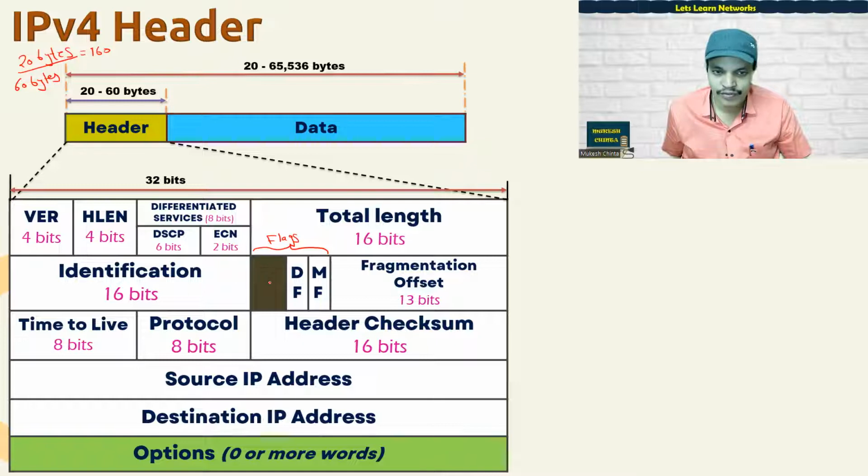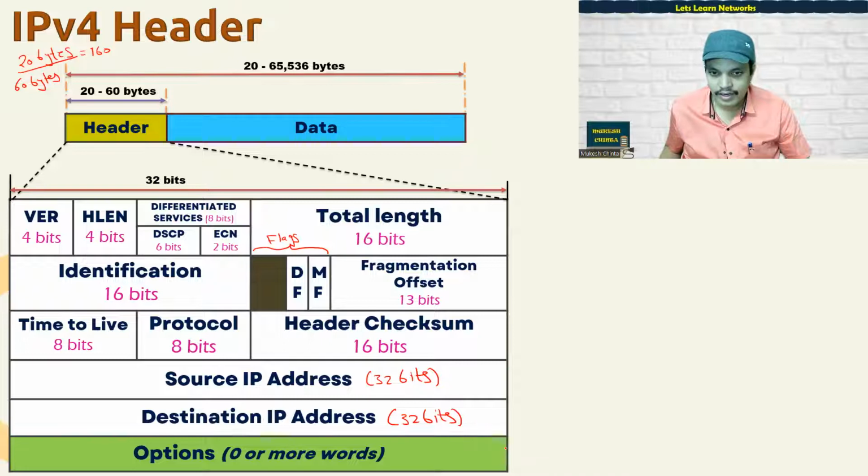This is used for future purposes and is not used right now. Then we have the fragmentation offset, which is 13 bits in length. Then we have the time to live field, which is 8 bits, and the protocol field, which is once again 8 bits. Then the header checksum, which is 16 bits, followed by the source IP address and destination IP address. Both these addresses are 32 bits in length.